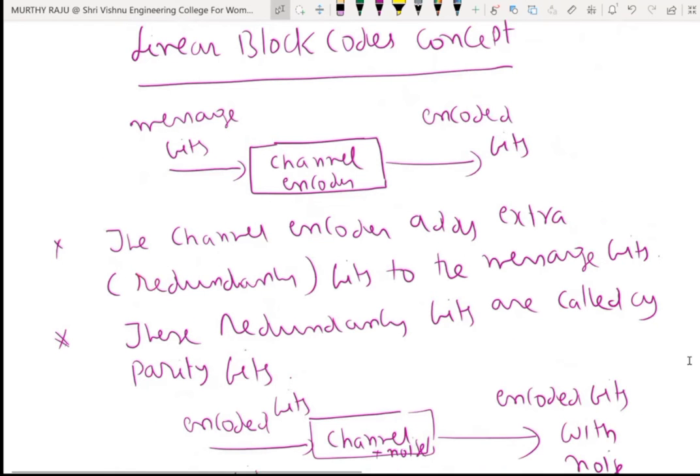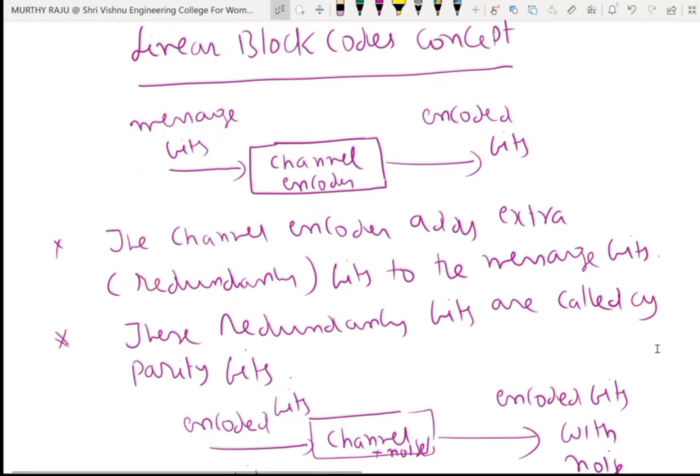The main function of the channel encoder is to add some extra redundancy bits or parity bits to the message bits. The output of the channel encoder is the encoded bits, that means a combination of message bits and redundancy bits. Sometimes redundancy bits are also called parity bits.